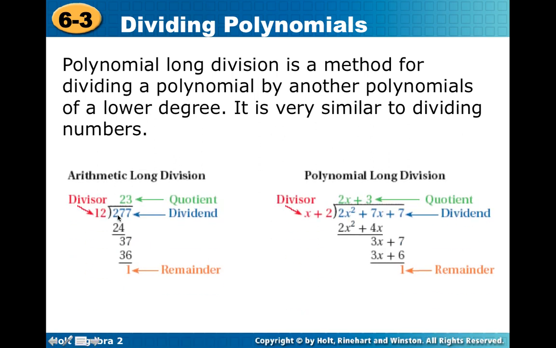Kapag nag-divide ka ng 277, divide mo siya ng 12, siyempre, gagamit ka ng long division method, right? So, ganito lang siya, di ba? You will look for the quotient of 277 and 12 until such time na makuha mo yung desired answer mo. Same din siya kung paano mag-divide ng polynomial.